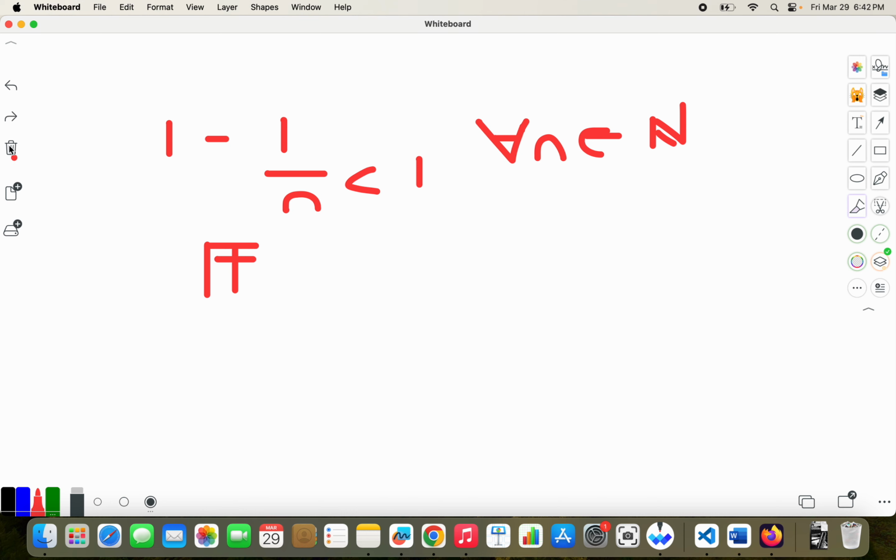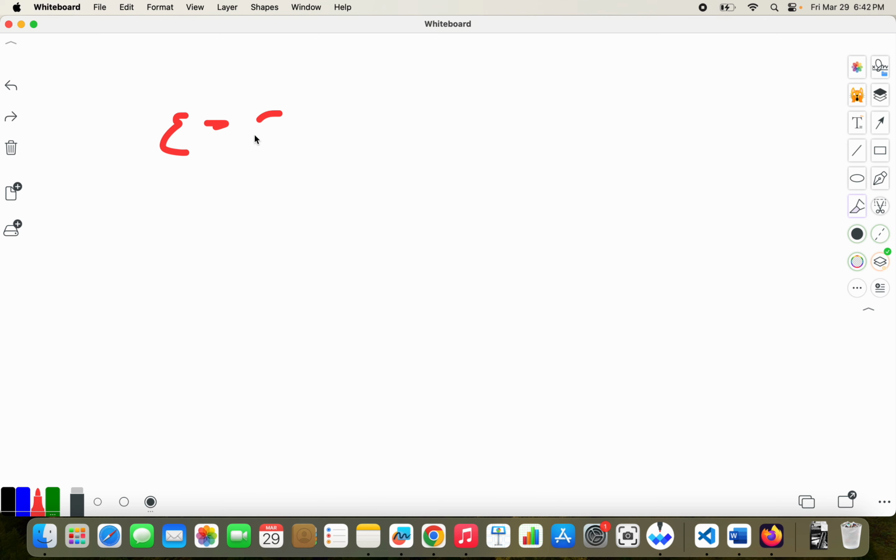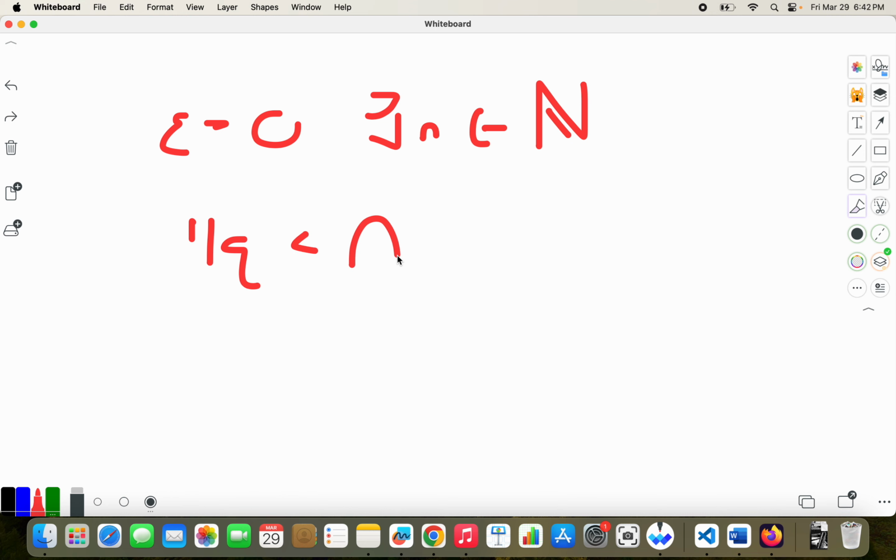So now we're going to start using epsilon. Let epsilon be greater than 0, then there exists an n in natural numbers, by the Archimedean property, such that, well, this is a different way of writing it, 1 over epsilon is less than n.